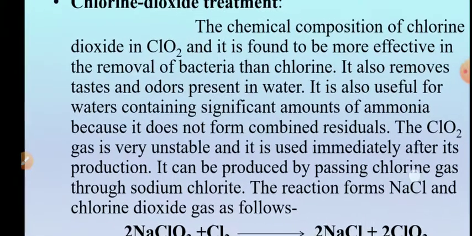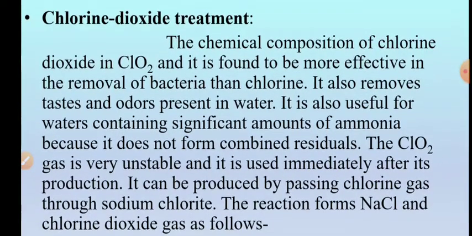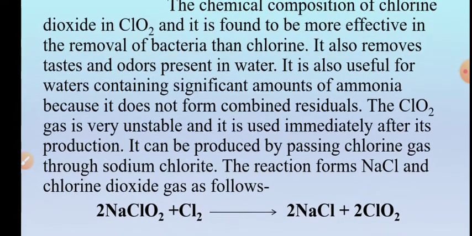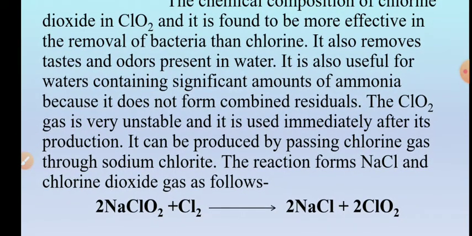Now the next method is chlorine dioxide treatment. The chemical composition of chlorine dioxide is ClO2 and it is found to be more effective in removal of bacteria than chlorine alone. It also removes taste and odor present in water.